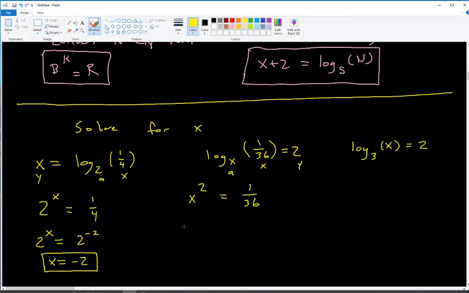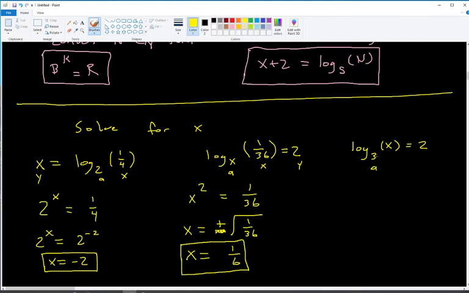So to get rid of the square, I take plus or minus square root of 1/36. And then logarithms can only have positive bases. So since x is going to be the base of this logarithm, I have to get rid of the negative. You can only have a positive base of a logarithm. So we're going to take the square root of the top of the fraction and the bottom. Square root of 1 is 1. Square root of 36 is 6. So we get down to x equals 1/6.